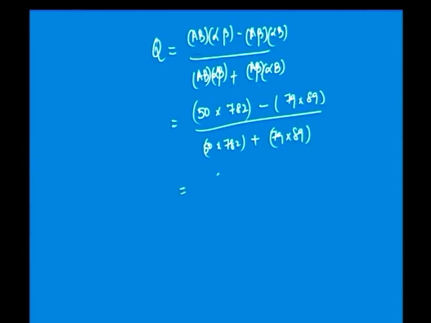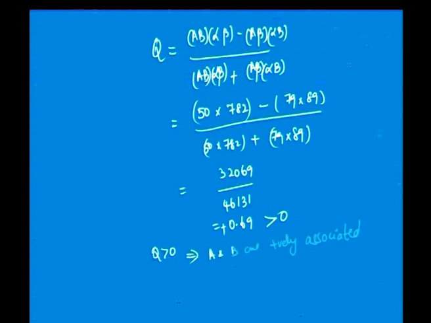This value gives you 32069 divided by 46131, which is equal to 0.69, which is positive. Therefore, Q value is greater than 0. Q greater than 0 implies A and B are positively associated, implies there is a high degree of association between darkness of eye colors of fathers and darkness of eye colors in sons.